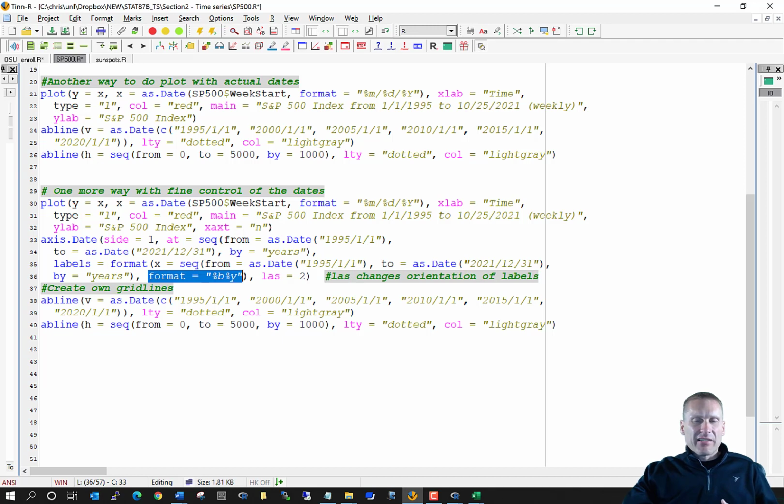And again, a lot of this is going into nitty-gritty details of the help to figure out, well, what's the corresponding argument, what's the corresponding argument value, and so on. And so here I'm doing it by year, and also you're going to see a month. The las argument corresponds to the orientation on the x-axis for these dates.